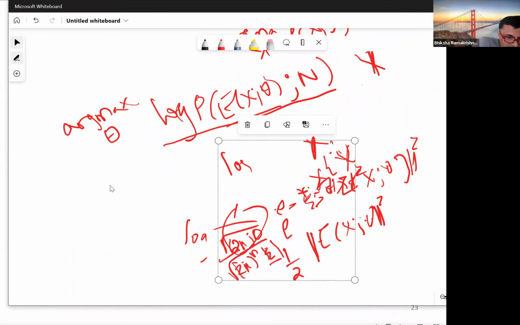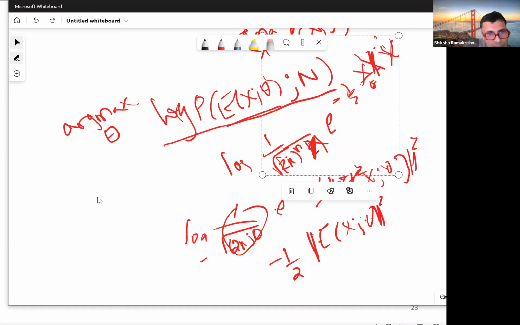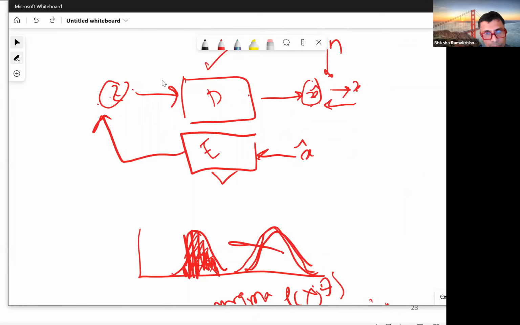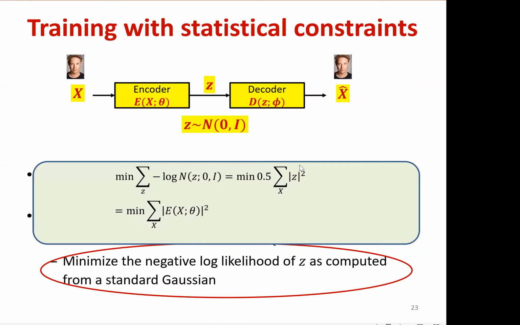Z was this term that went into the decoder. Got it? And so minimizing the norm is enough to map it to a standard Gaussian. Exactly, the squared norm.